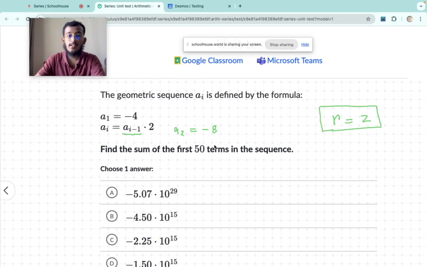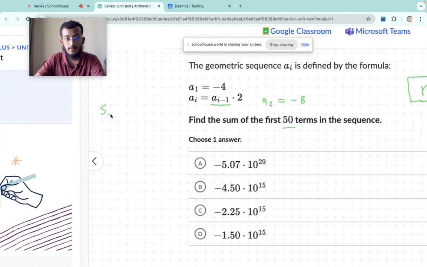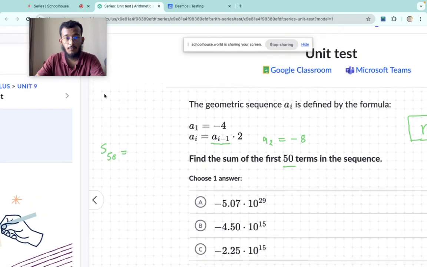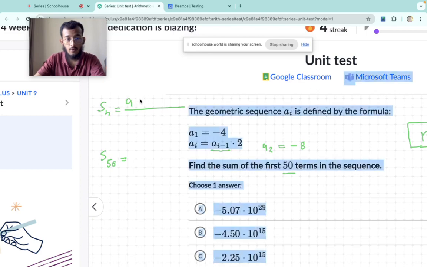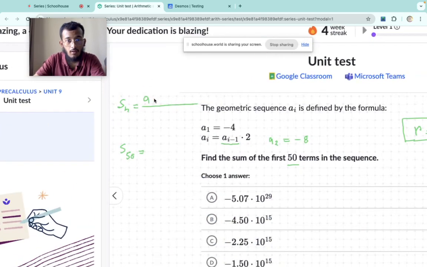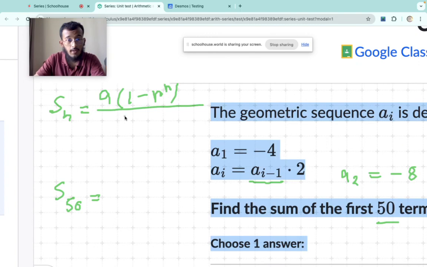They want us to find the sum of the first 50 terms, that is S sub 50. We know the formula for S sub n, which is a multiplied by (1 minus r to the power n), divided by 1 minus r.